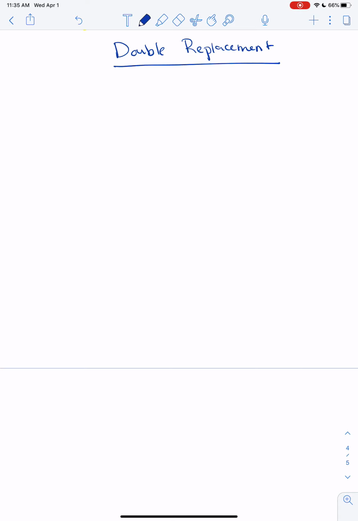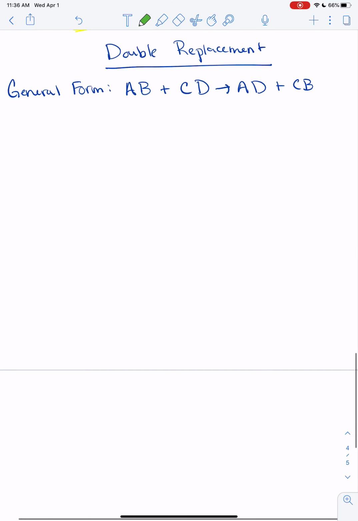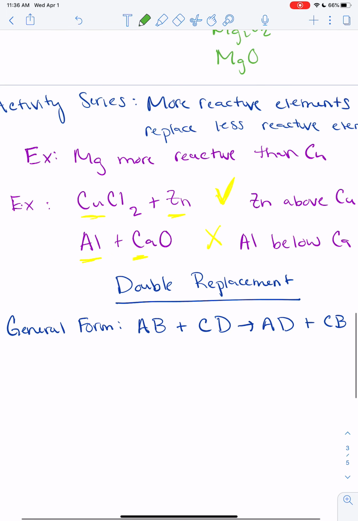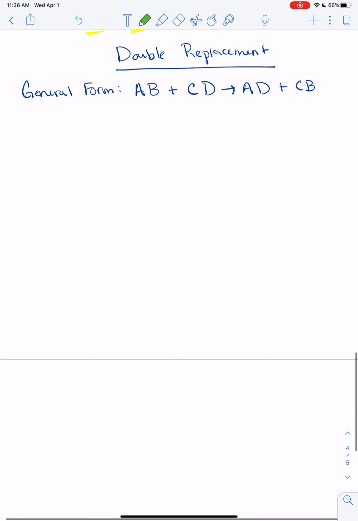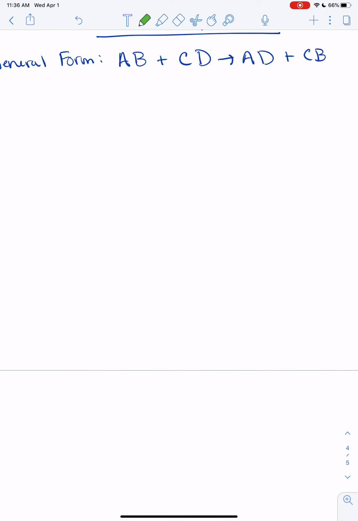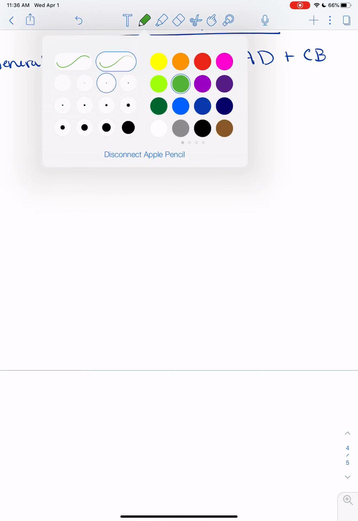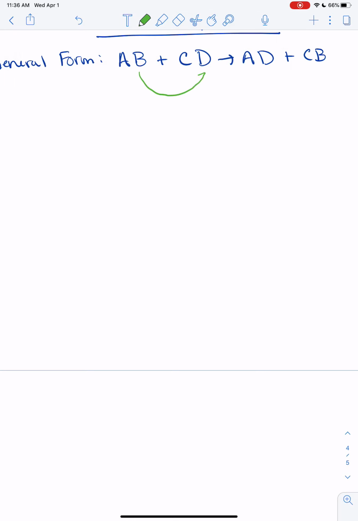Okay, so our general form here is going to be AB plus CD yields AD plus CB. So here we should see that A and C stayed where they are, and B and D have switched places.